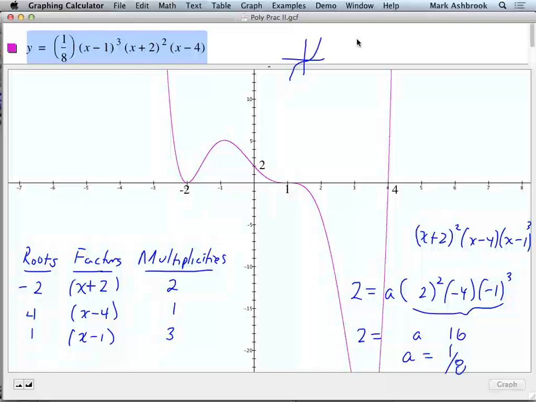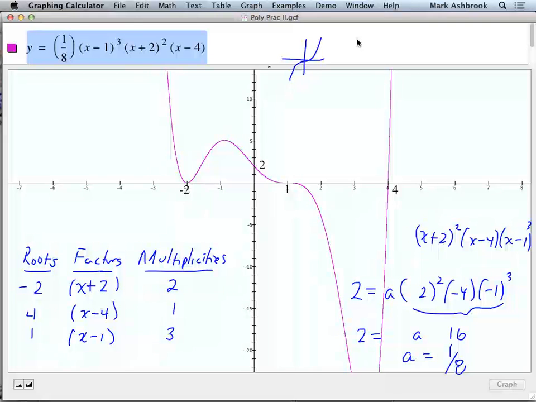So I didn't understand how to do a part. Getting the value of a. So we're looking at when x equals 0, y should be 2. You see? If we plug 0 into this right now, we get 4 times -4, we get 16 for the output.